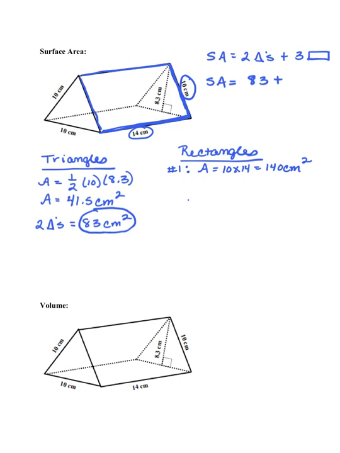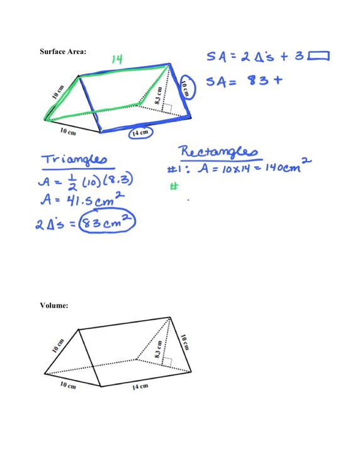We'll do the next one in green. We'll do the one on the back side here. So this one in the back there, okay, has a width of 10 and a length of 14.